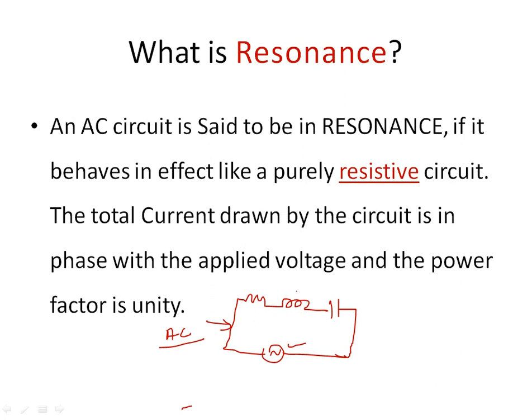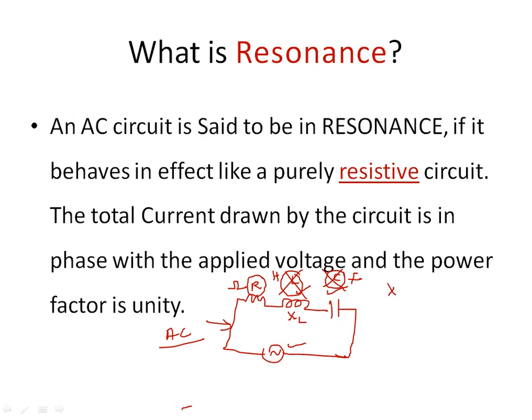So we see the inductor as well as capacitor. Resistance R, inductor L, capacitance C. What is the unit of resistance? Ohm. What is the unit of inductance? Henry. Capacitance, Farad. So to make the circuit homogeneous, we should not use the symbols L as well as C. Instead of L, we go for XL.